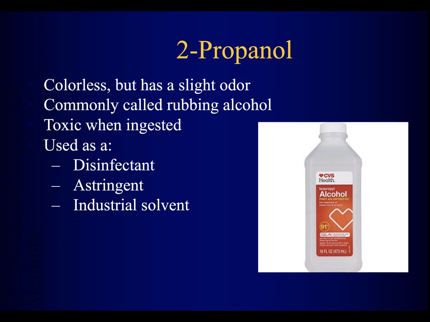Interesting turn of events, though, with the 2-propanol. Back 10, 15 years ago, what you were supposed to do when you got a cut is maybe get a cotton swab, put it in the isopropyl alcohol, and dab it on your wound, and that way it kills all of the bacteria and everything that could be in the wound. However, they've done a bunch of studies nowadays, and they found that by doing that, yes, you are killing all of the bacteria, but you're also inhibiting your cell growth.